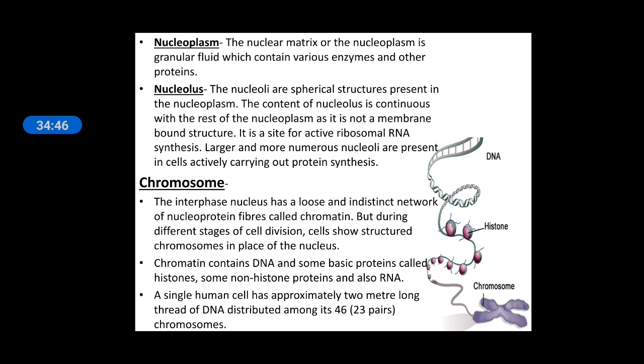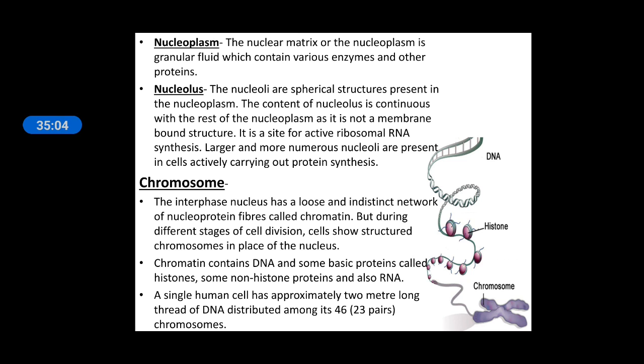So what it is trying to say is that in humans, in every cell there are a total of 46 chromosomes, present in paired form. So a total of 23 pairs are present.